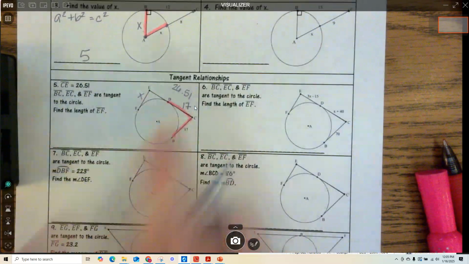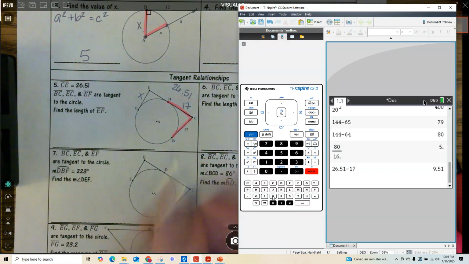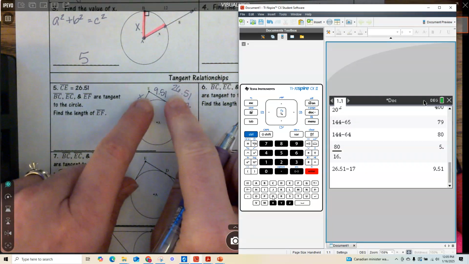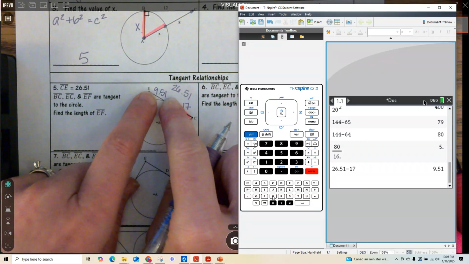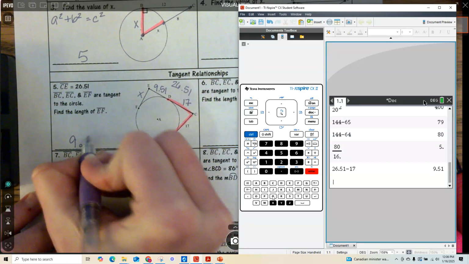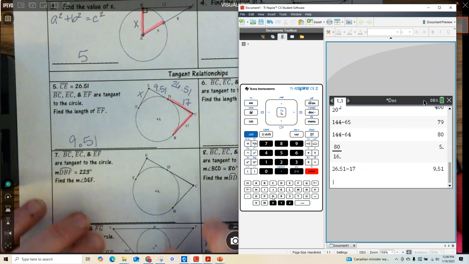So if I know this piece is 17, I can subtract and get this piece, 9.51. If ED is 9.51, then EF is 9.51. So you just kind of have to work your way through the pieces.